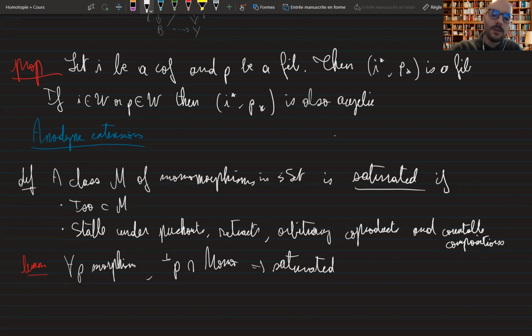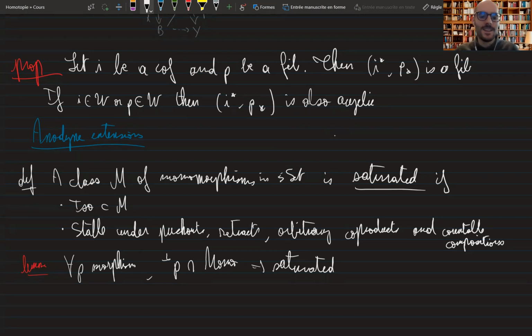And moreover, you have to use the fact that in simplicial sets, monomorphisms, which are inclusions, are also stable under all these things, which is not obvious because typically monomorphisms are stable under pullbacks, arbitrary products, and countable compositions.